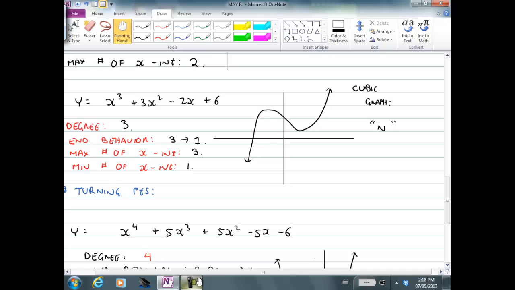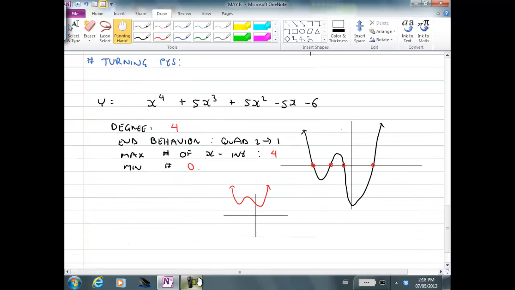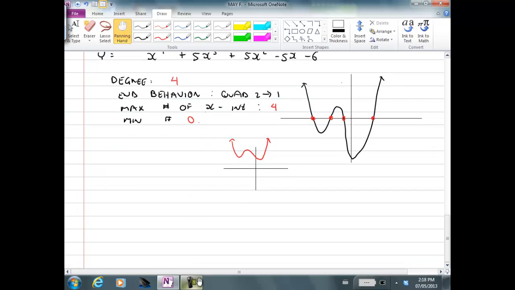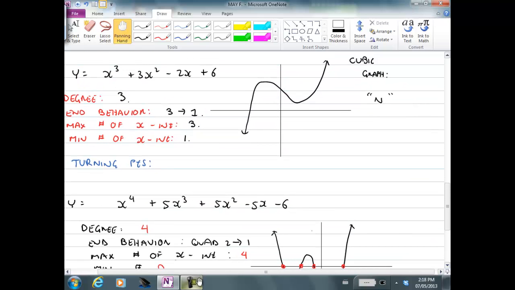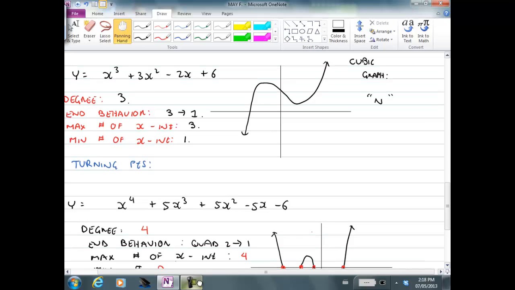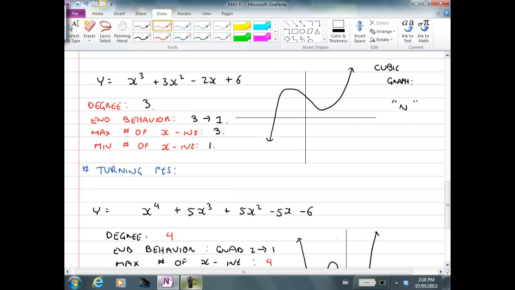Okay. Whereas this, now I'm going to teach you something called turning points. Turning points is the point where it changes direction. They're going to ask you number of turning points. So when you put a dot right here, 1. And look, it changes direction right here, 2.